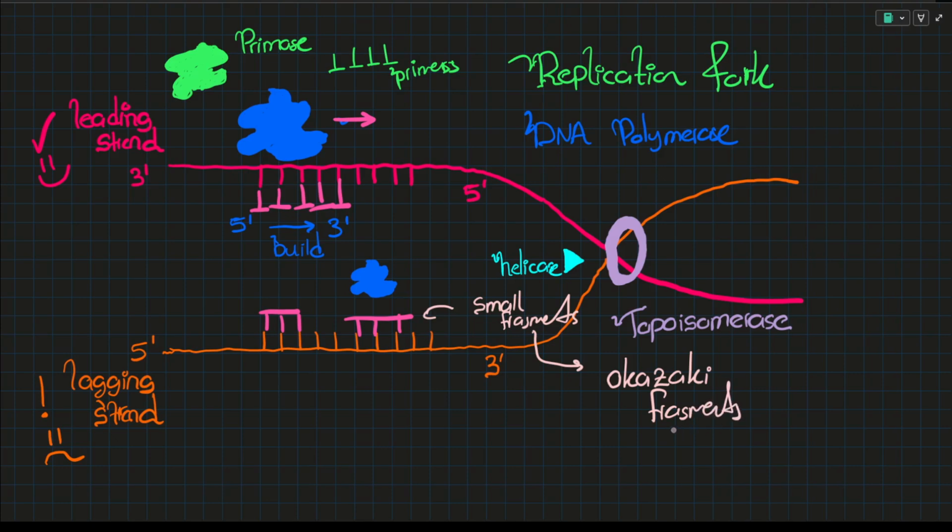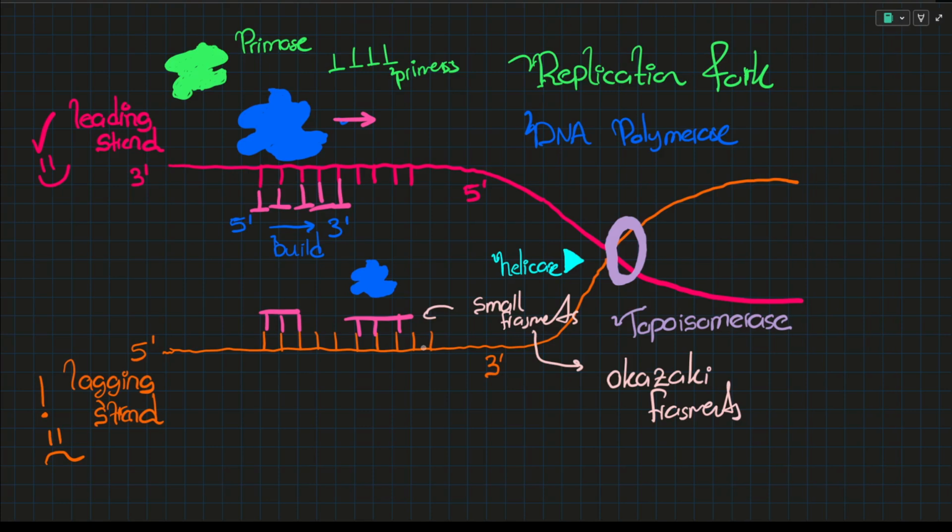I think he was Tsuneko Okazaki or something like that. I am so sorry if I'm pronouncing that name wrong. You can just give it a Google search to find his name. He was the one who discovered that the lagging strand was only built in small portions, or small fragments, known as Okazaki fragments. Like so.